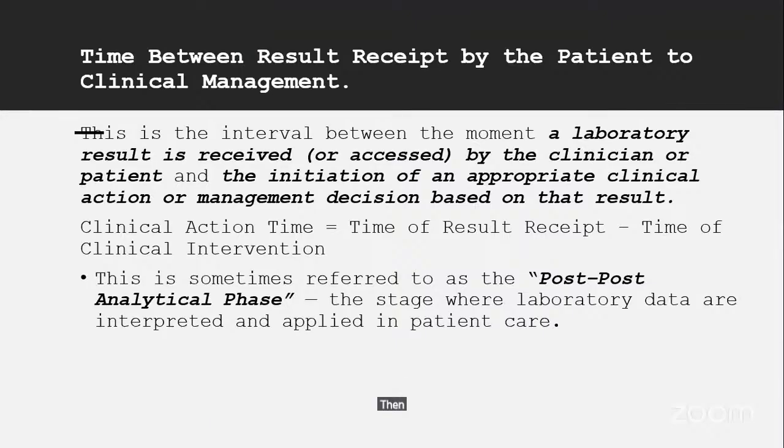Then we have this time between result receipt by the patient to clinical management. This is actually where, for most of us, it hits us the most.